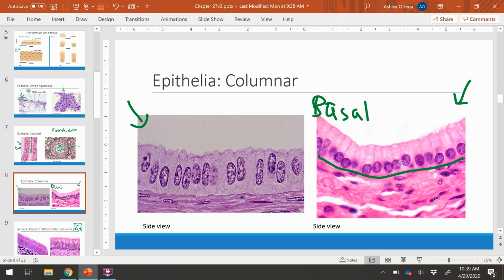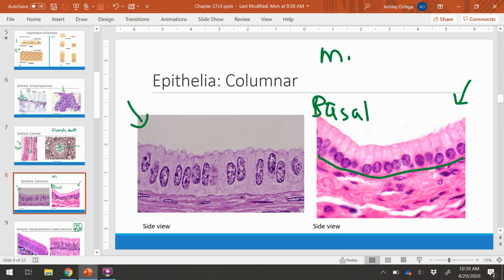For columnar, most of them will be simple, so one layer. These are going to be found in the stomach, the small intestine, the gallbladder, uterine tubes, and kidney collecting ducts. So they could be found in many areas. They usually will have microvilli.